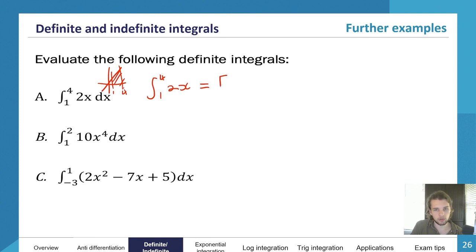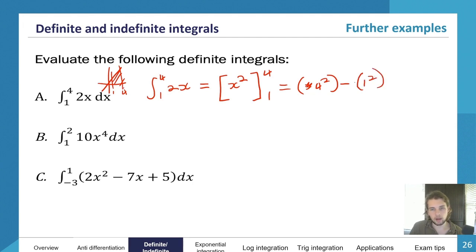So this is equal to, now we're going to put the integral without c in these square brackets. And then we can evaluate those. So that is equal to 4 squared minus 1 squared.